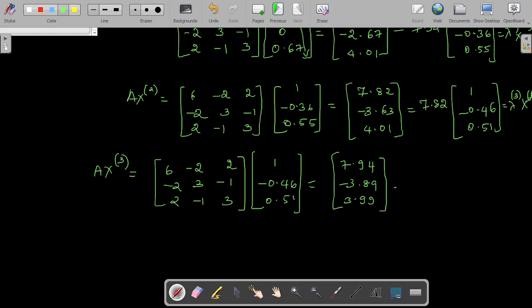Out of these three values, 7.94 is the largest. Take it outside. Then 1. Here minus 3.89 divided by 7.94 is minus 0.49. Then the last one is 0.5. This gives you lambda 4, the fourth approximation, x4.